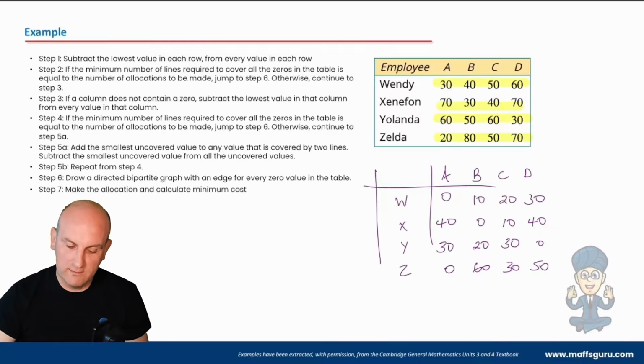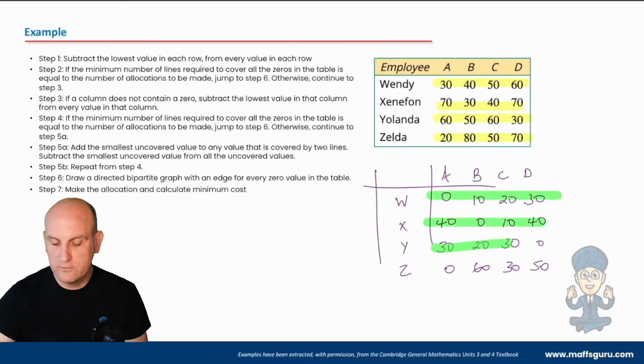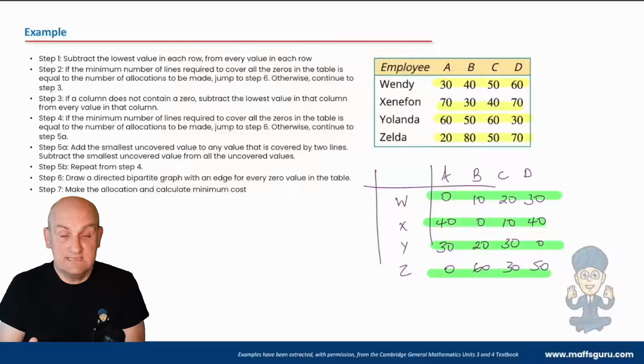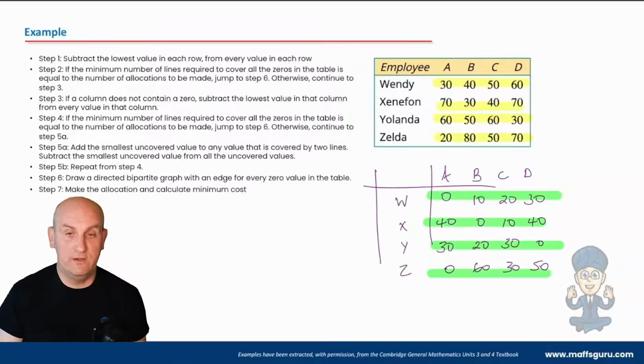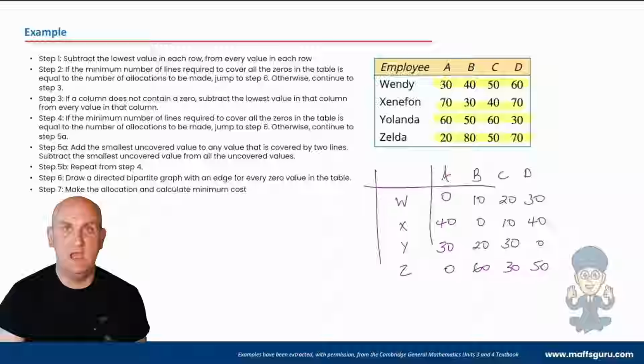Now, you could turn around and go, and I'm going to try and do this using a highlighter, well, there's 1, 2, 3, 4. All right. And yes, that is certainly a way to cover all those zeros, but it's not the one that requires the least number of lines, because whenever you have more than 1 zero in a row or a column, you need to try and cover that first. So here we go.